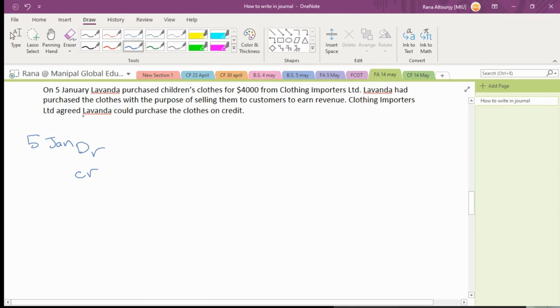So we go to the debit, which is clothes, we can call it, or we can call it the inventory. And the credit, it's accounts payable, or we can put the name of the company, which is Clothing Importers.